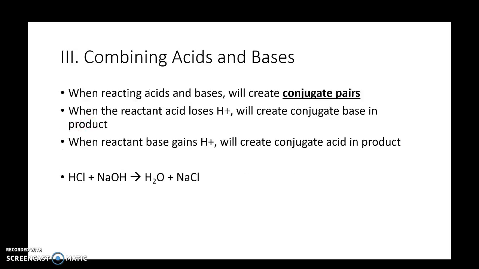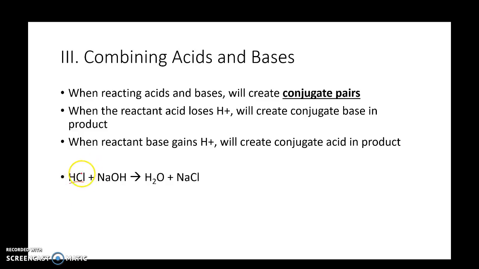Now the other thing that happens is when you have acids and bases coming together, you're going to create what are called conjugate pairs. And basically what that means is it's kind of like the siblings on both sides of the yield arrow. So for example, when acid 1 loses its hydrogen, it's going to create the conjugate base in the product.